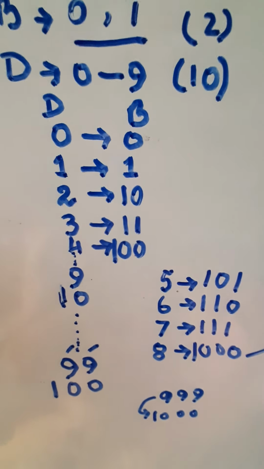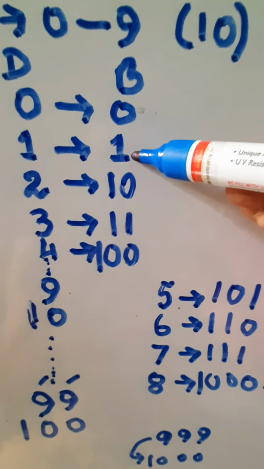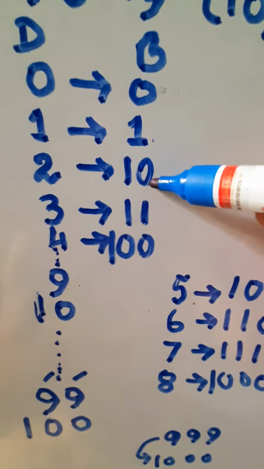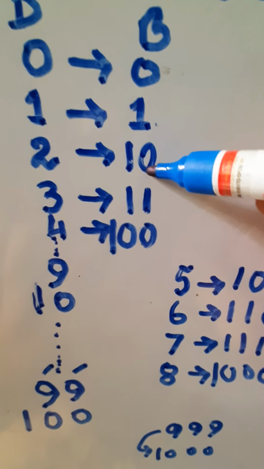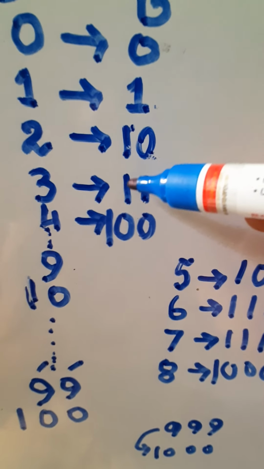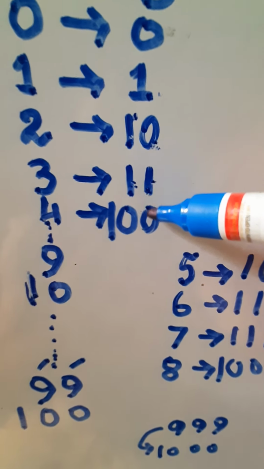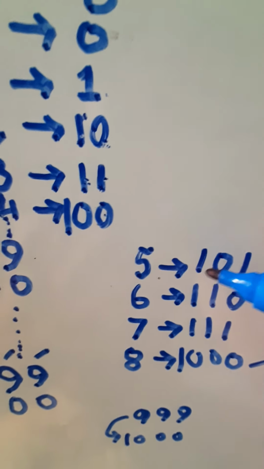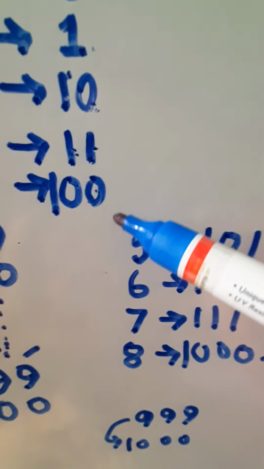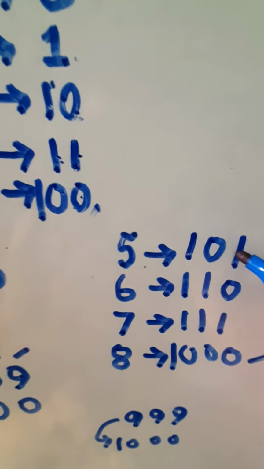I repeat once again: when the maximum number has been reached, put 0 here and 1 comes here. Here the maximum has not been reached, so you can put 1 here and 1 is already there. So when 99 has come, we'll put 00 and 1, and next we take the unit place, so that will be 101.